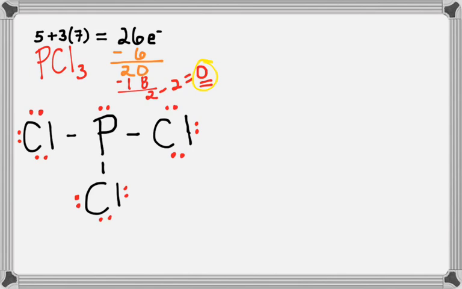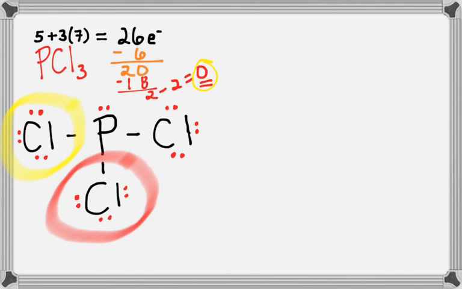Chlorine on the left has 6 of its own, plus it feels like it has 2 more in the form of that bond. The chlorine on the bottom feels like it has an octet because it's got 6 of its own plus 2 more which are shared.